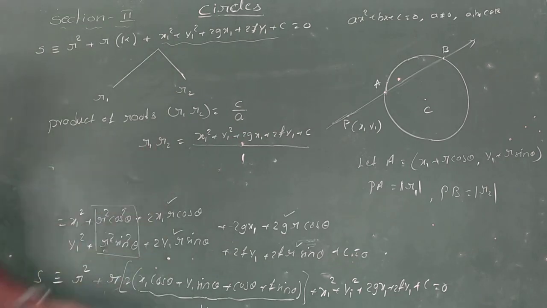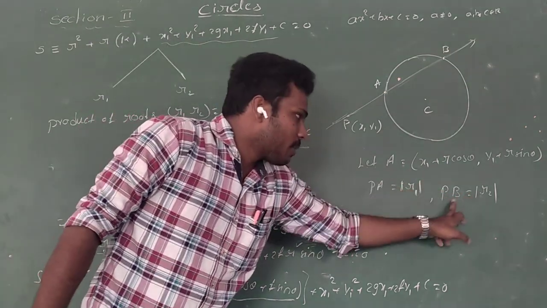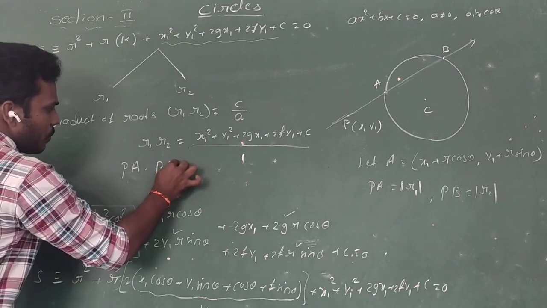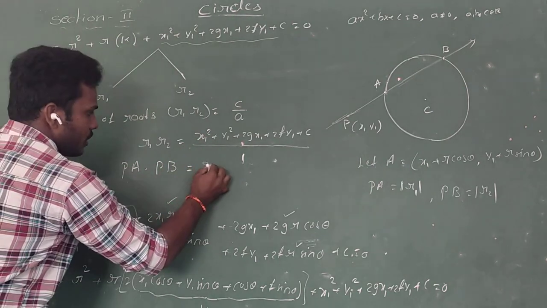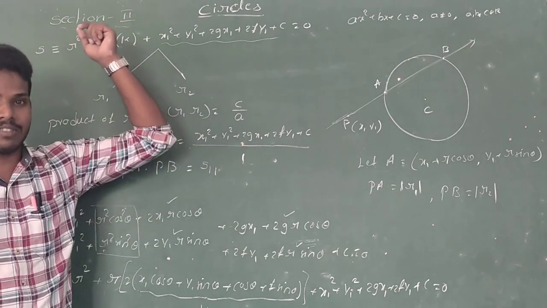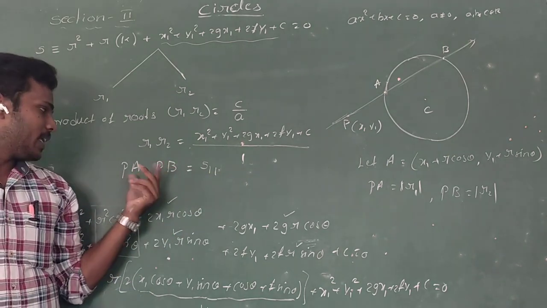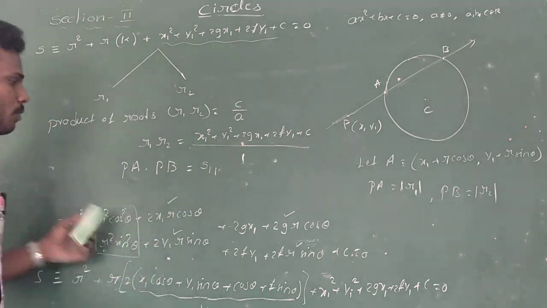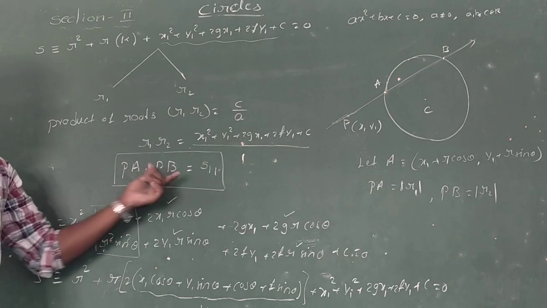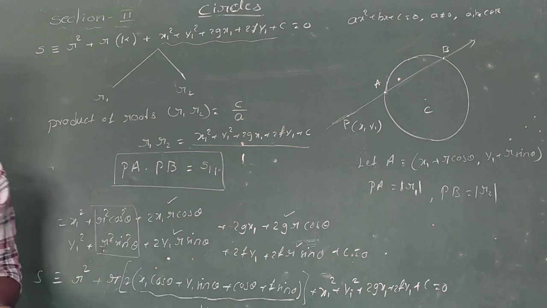We already defined r1 as the distance from P to A and r2 as the distance from P to B. So r1 r2 means PA into PB is equal to S11, a notation we defined from the start of this section. So PA into PB equals S11: the power of the point S11 is nothing but PA into PB. That is the theorem proof.